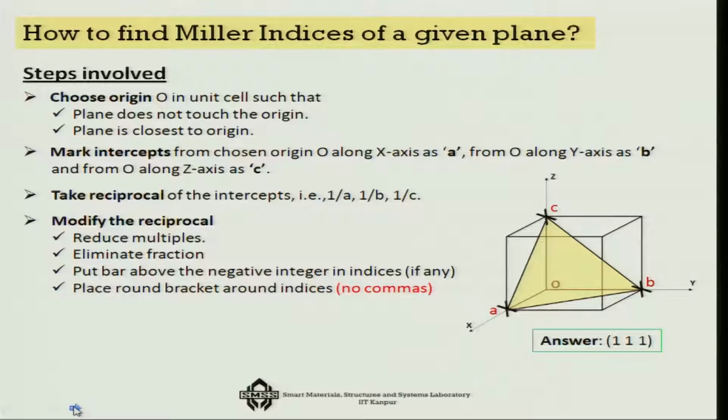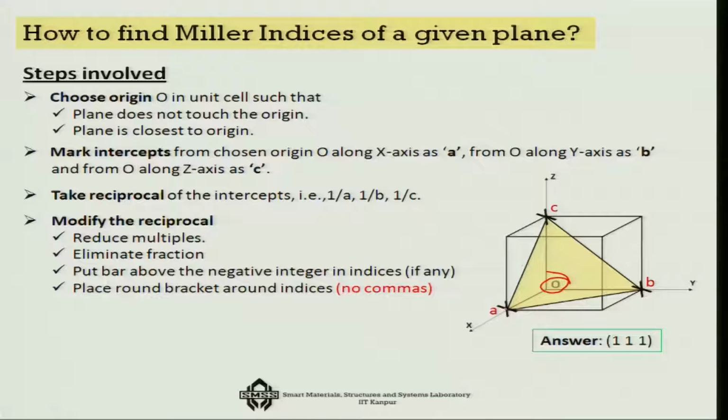Here we have a particular lattice structure in which the plane ABC, the plane with the yellow color, and we want to find out the Miller index of this plane. So, what are the steps involved? First of all, choose the origin O in the unit cell such that the plane does not touch the origin. That is very important.